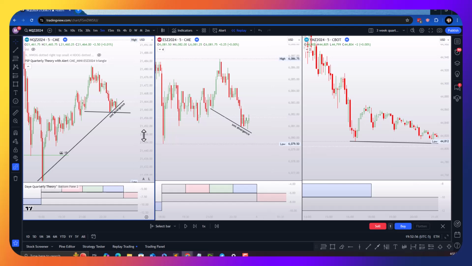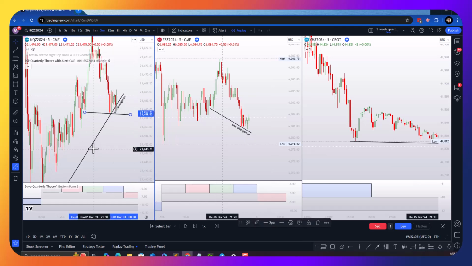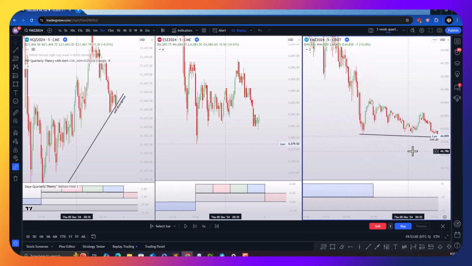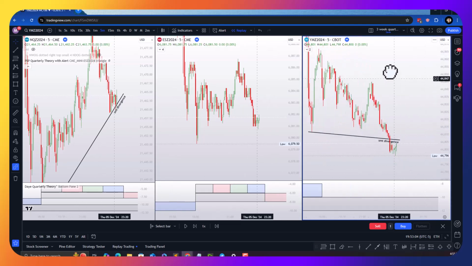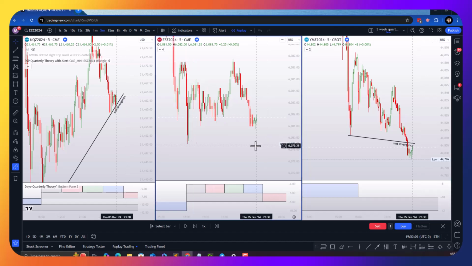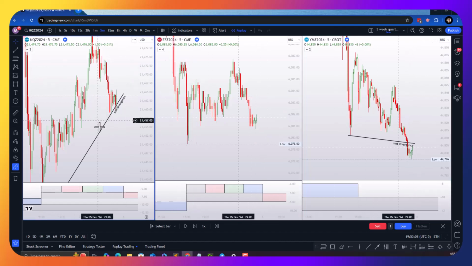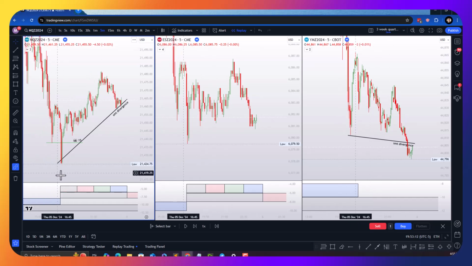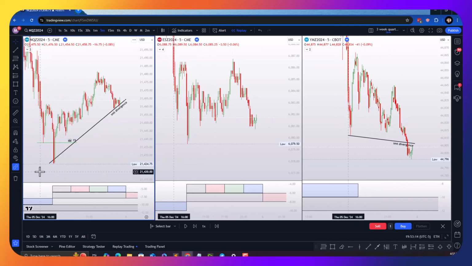This isn't quite it. So this low is taken too, so I would not, let's get rid of that. Yeah, so we're good. That is not a bullish SMT, but we have our 90-minute cycle SMT.